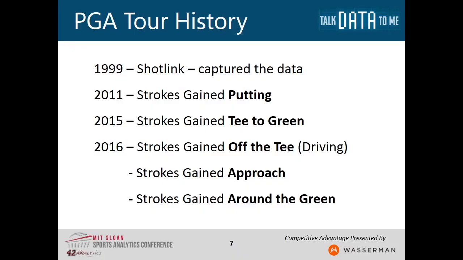For example, if a player were 4 shots worse than the field, and his strokes gained putting was 1 shot worse, then his strokes gained tee to green was -3. So no real intelligence there. But it took them 3 years to do it, 4 years to do it. In 2016, they added the other pieces of the strokes gained puzzle, the driving, approach shots, and the short game.